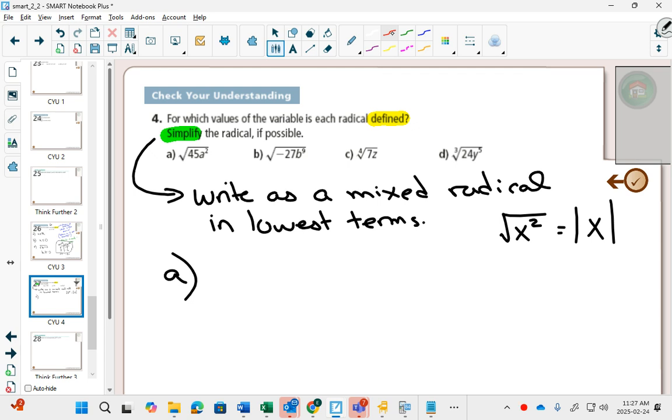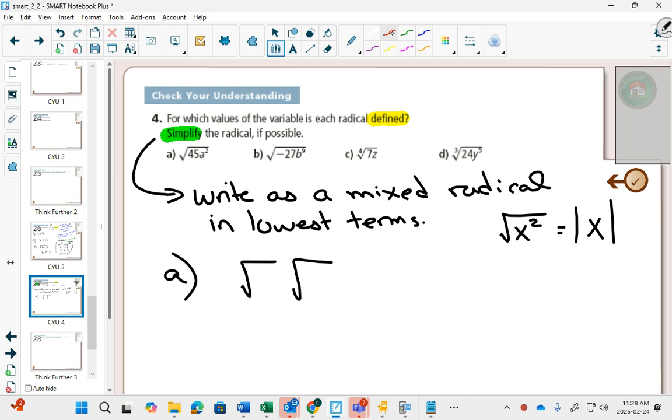It's the absolute value of x. Okay, so in A, I'm going to talk a little bit about notation here, because for A, square root of 45, we're going to go to our powers chart and ask ourselves, can I break up 45? Because it's a square root, I'm looking at powers of 2.